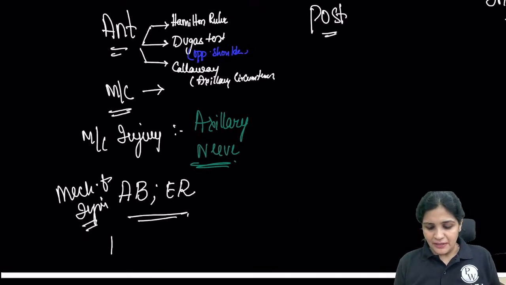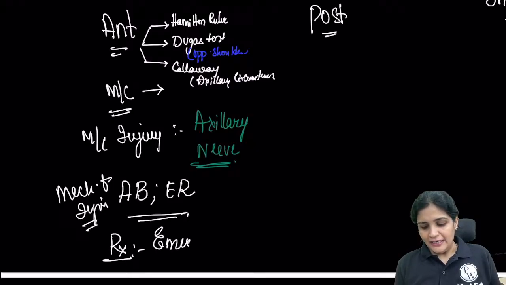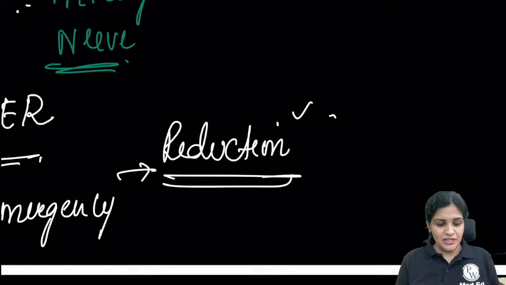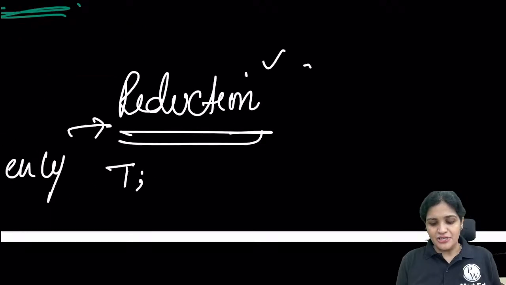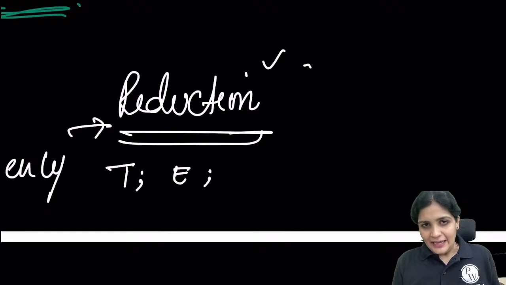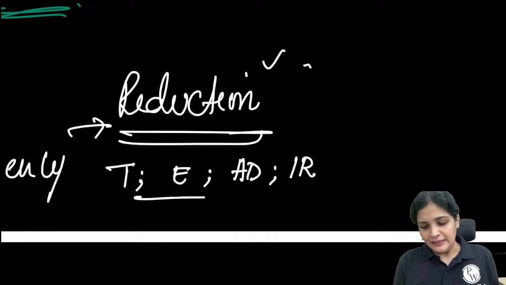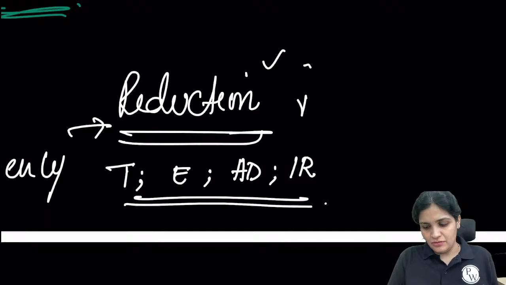And what is the treatment? Any dislocation is an emergency. Kocher maneuver, you will do reduction. So how do you do reduction? Traction, then external rotation, adduction, and finally internal rotation. You remember this as TEAM, or TEAI.